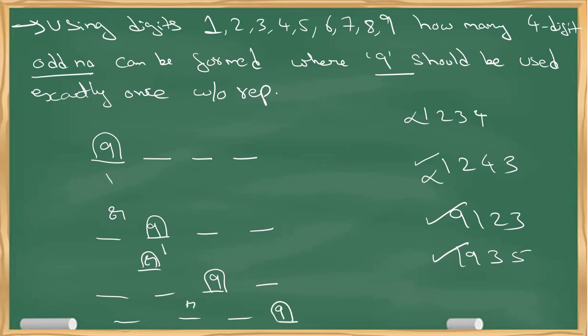So one digit, one possibility, so it's fixed. Now out of 9, one digit is gone. Next, here it has to be odd. So 1, 3, 5, 7; 9 I can't use because 9 should be used exactly once. So how many possibilities? 4 possibilities. So 2 digits gone out of 9.